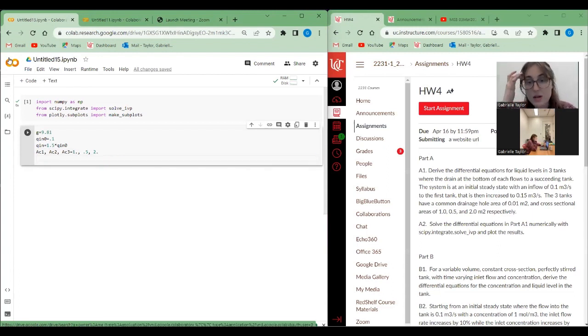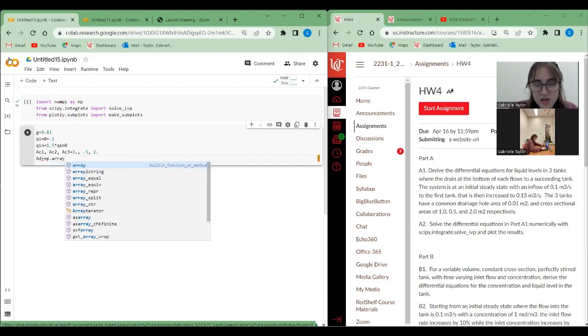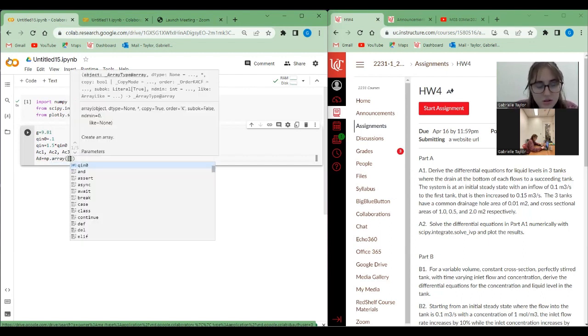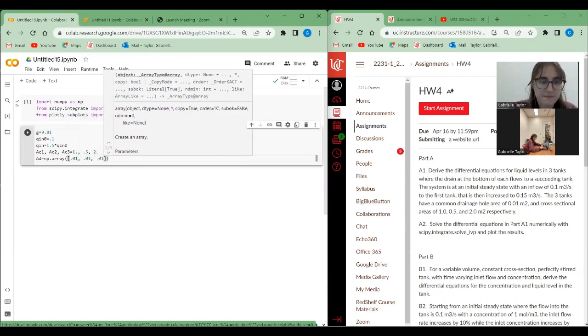Okay, so the next thing that we know is that our drainage hole of every single tank is going to be 0.01. So our cross-sectional area of our drainage hole is going to equal numpy.array of 0.01, 0.01, 0.01.